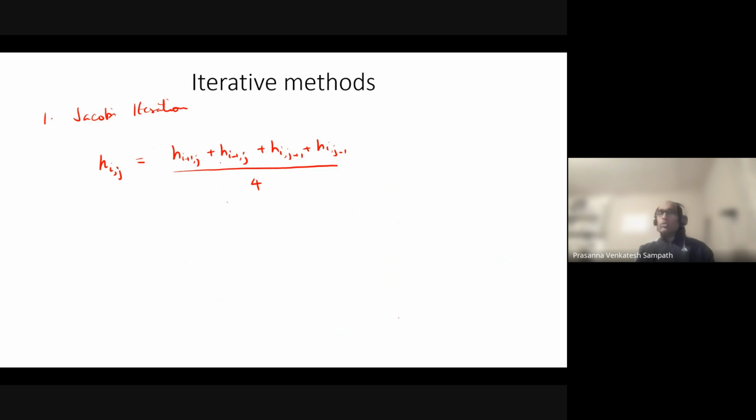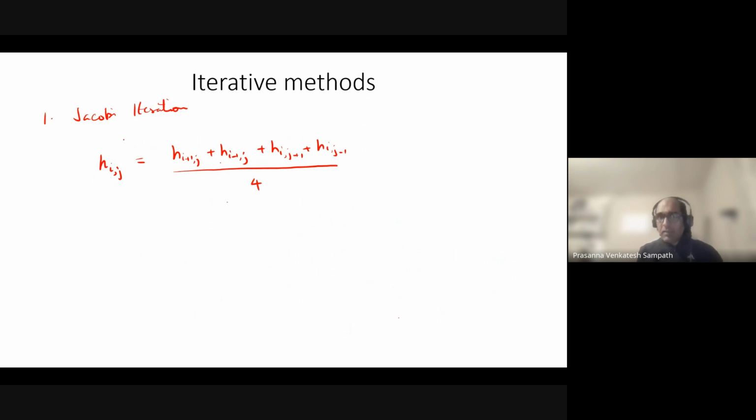But what I can do is use an iterative method in which I guess the head in those cells, and then I keep iterating such that if in two successive iterations my answer doesn't change, or doesn't change by much, then I will say, okay, this method has given me the right answer.